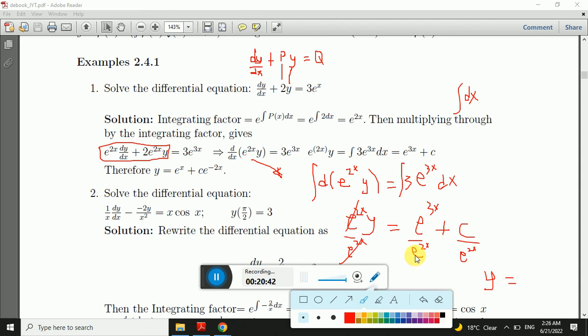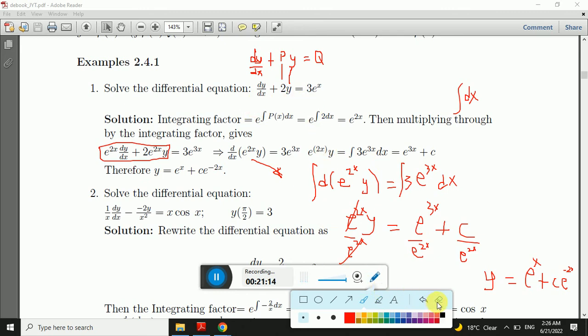Since they are the same bases, we subtract the powers, so you remain with e to power x, then plus c over e to power 2x, the same as having c e to power negative 2x. And so this will be our final solution to this differential equation.